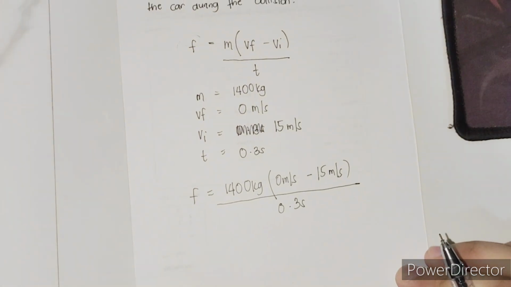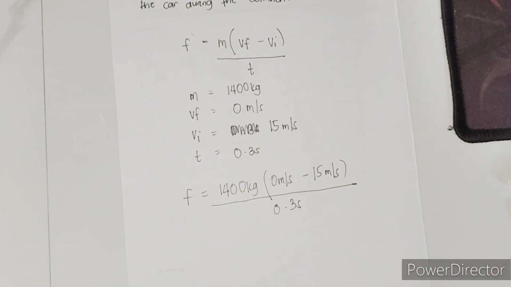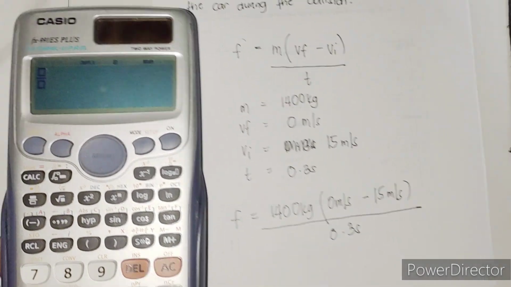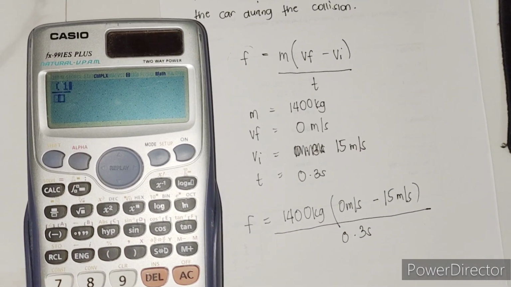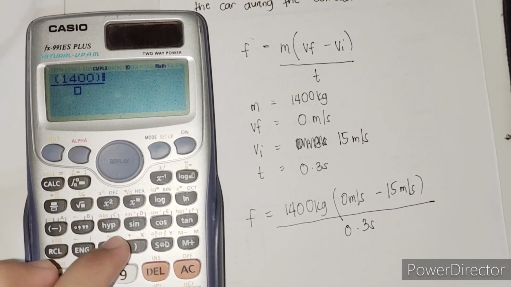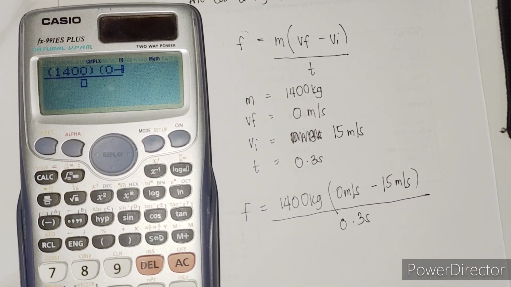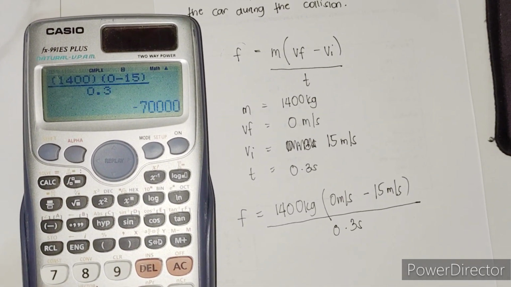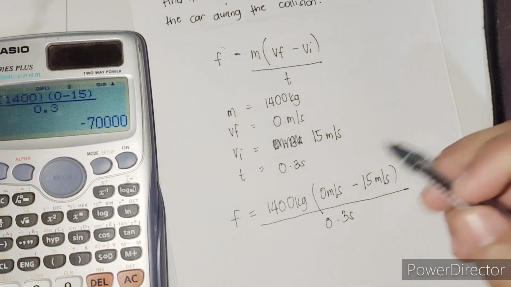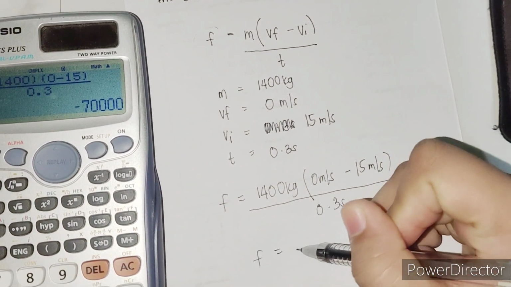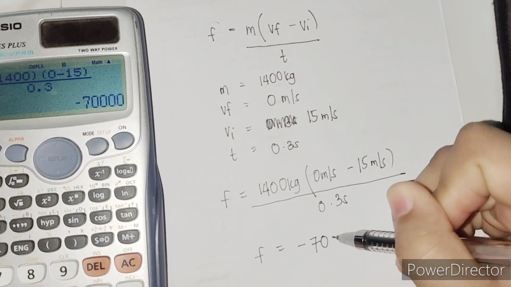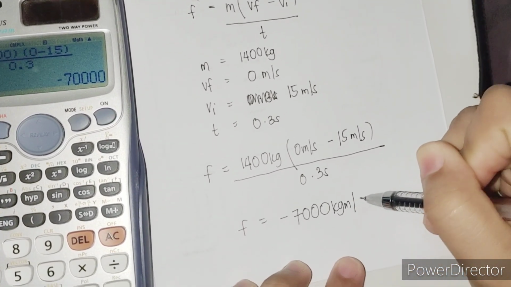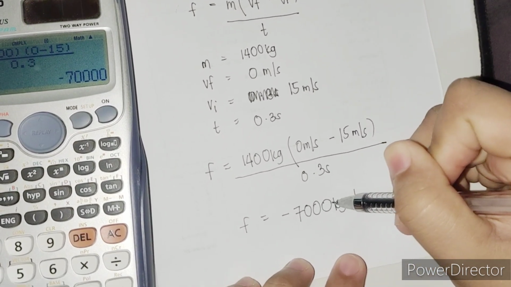So, pwede natin siyang idiretso using our scientific calculator. Fraction po muna tayo. We have sa taas 1,400 times 0 minus 15 all over 0.3. So, our final answer is F is equal to negative 7,000 kilogram meter per second. Sorry, kulang na ang isang zero.